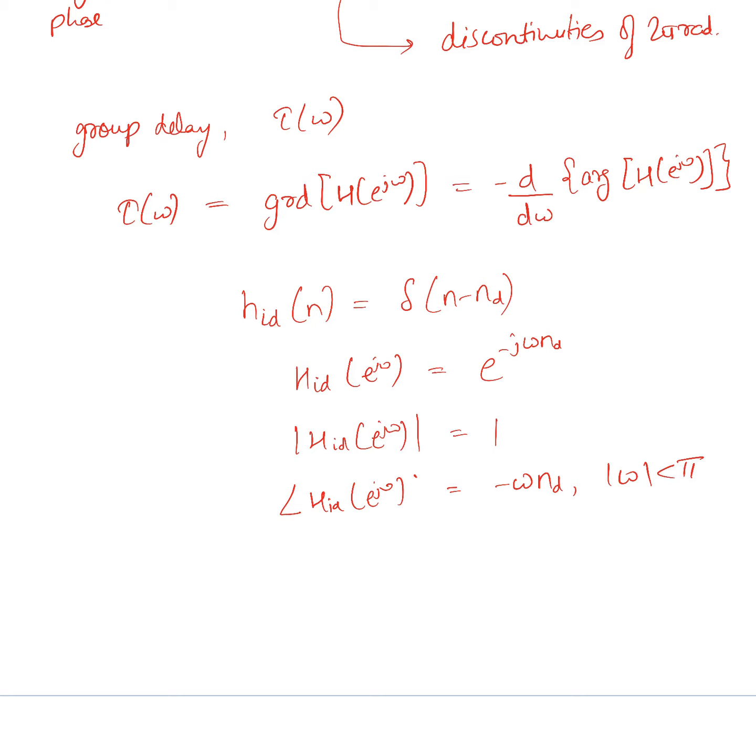So let's consider one nice illustration of the effects of the group delay and attenuation. Of course you can always compute the output response for a given frequency response and also for the input signal.